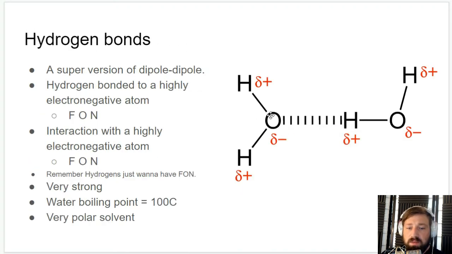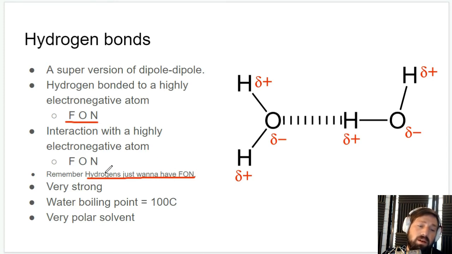I said that you needed something very electronegative, and there's a little mnemonic you can use to remember what elements are electronegative enough for this hydrogen bond to actually take place, and that is FON. The way I remembered it is like the Cyndi Lauper song, hydrogens just want to have fun.